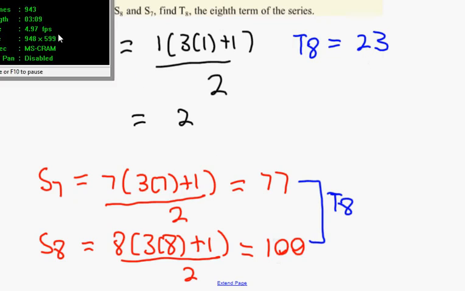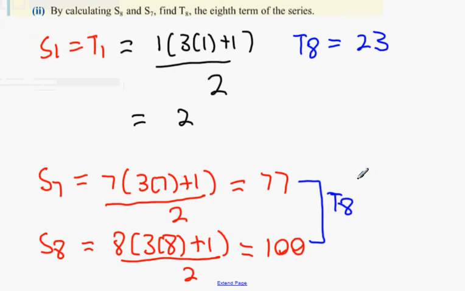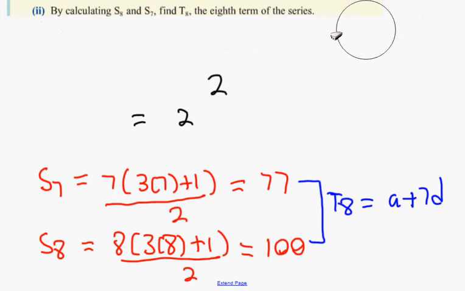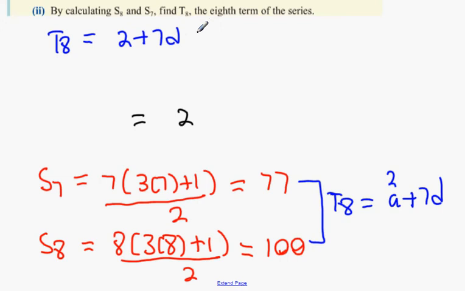Now, what is T8? T8 is A plus 7 differences, okay? And we already know that A is the number 2, because T1 is 2. So we can say T8 is 2 plus 7 times the difference, and that has to equal 23.